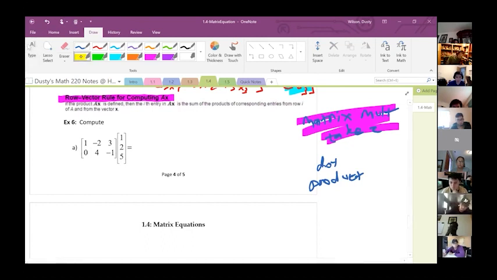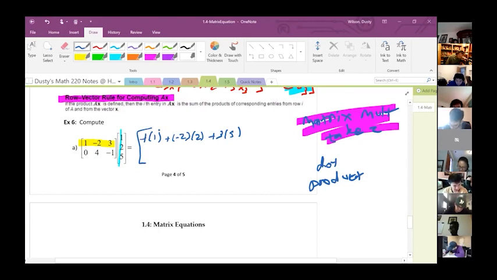So what we're going to do is basically the dot product of the first row of A and the column of X. So I'll have 1 times 1 plus -2 times 2 plus 3 times 5. So here's the 1, the -2, and the 3, and then the 1, 2, and 5.